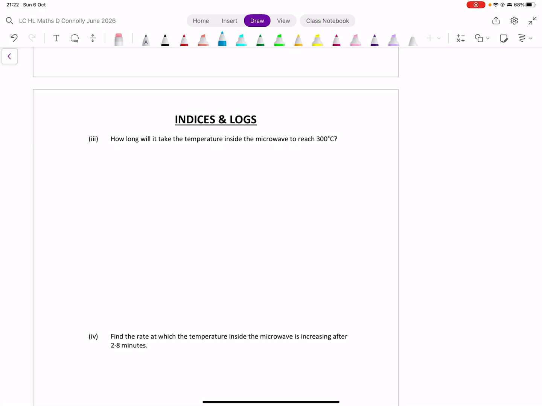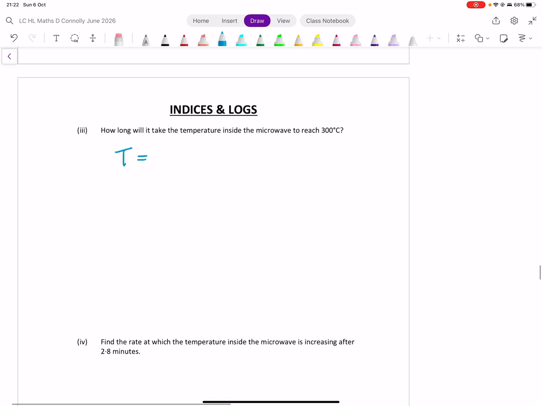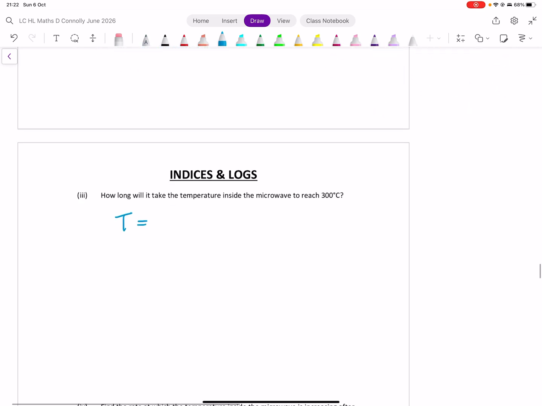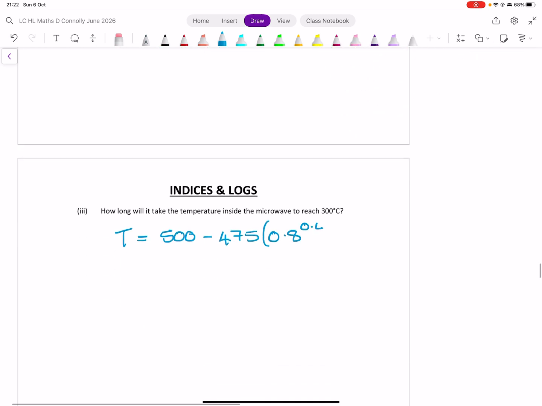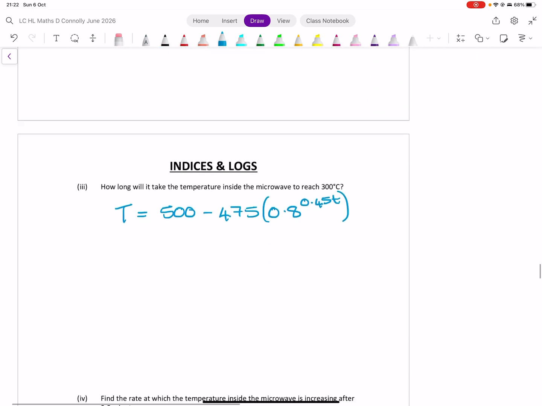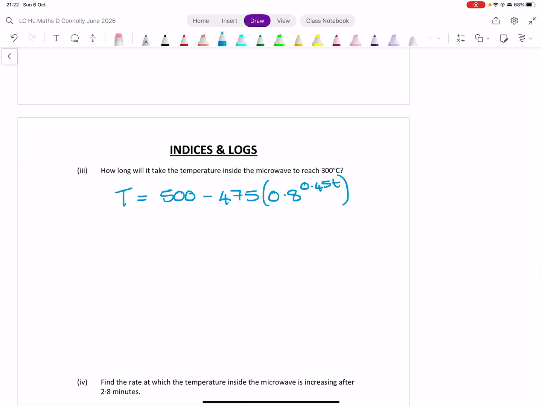How long will it take the temperature to reach 300 degrees? So again, I don't know this one, but the temperature is 500 minus 475 times 0.8 to the 0.45 T.